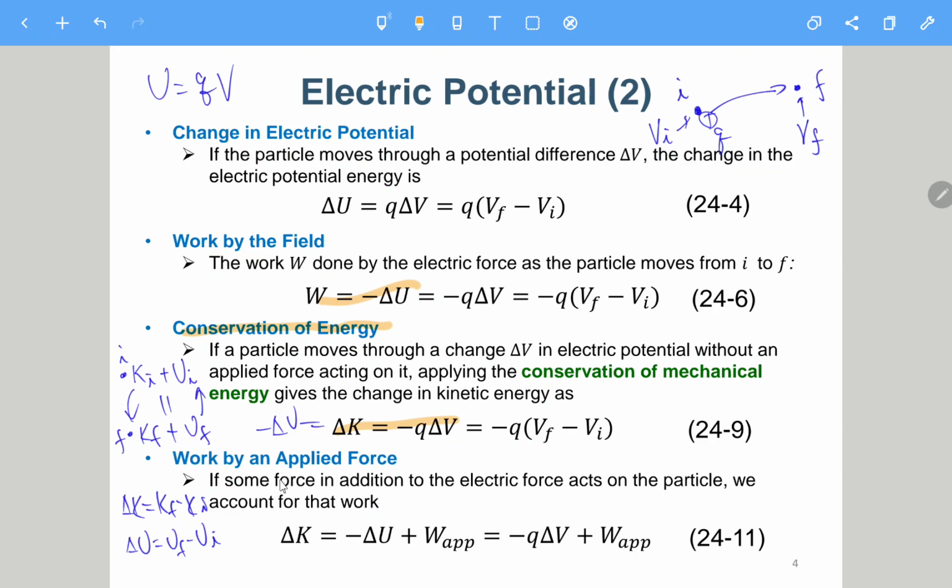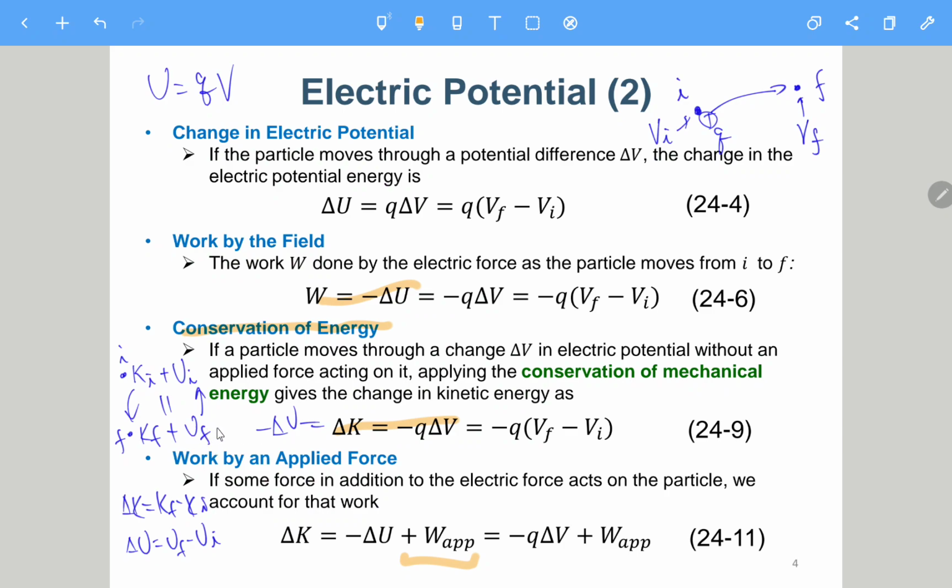For this one, we don't apply any work to the system, so we assume the energy is conserved. If we have to do some work on this system, then we need to add a term W apply there, which means you apply some work so that the total final energy should have changed.